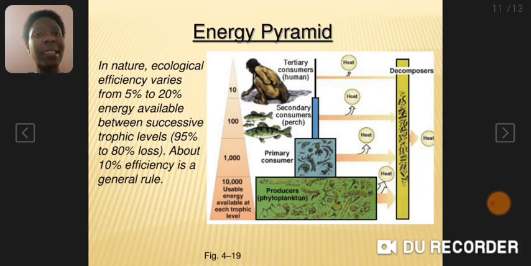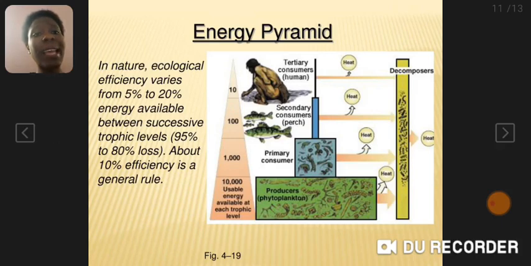Taking a look at this, you discover that in nature, ecological efficiency varies from 5% to 20%. So what we're saying is that only about 5 to 20% of energy will be moved along the food chain in a pyramid of energy. The rest will be lost as heat to the surroundings.